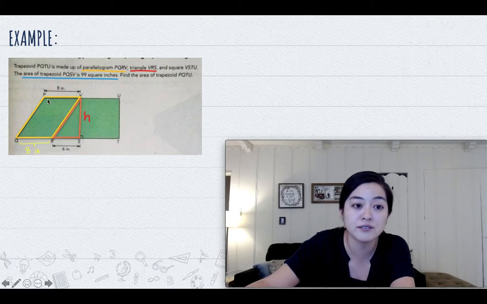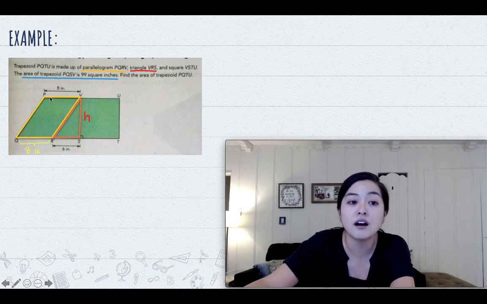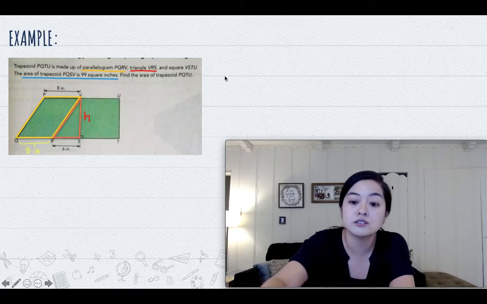Okay, because the height of a trapezoid is the distance between the 2 bases here. Here's one base, here's another base, and it's the distance where the distance is perpendicular to the base.